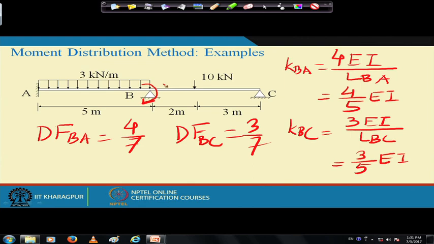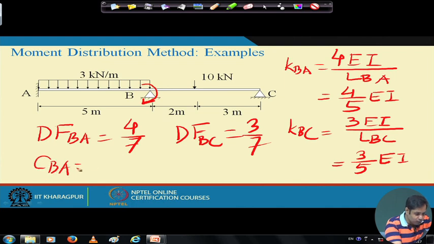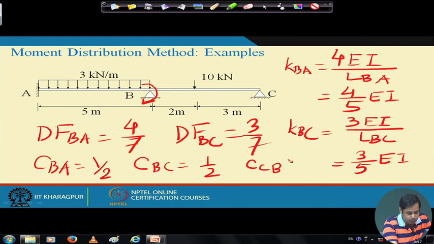The carryover factors CBA is equal to half, and CBC is equal to half. So carryover factors will be half.